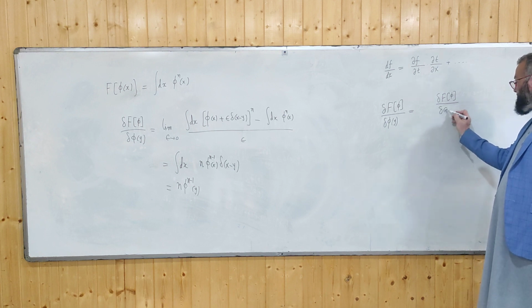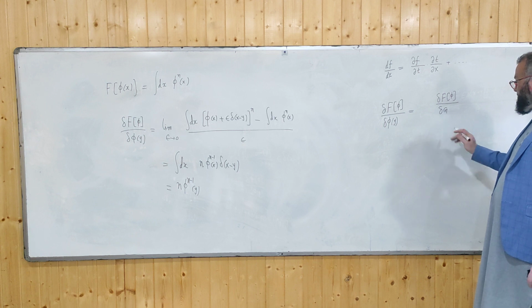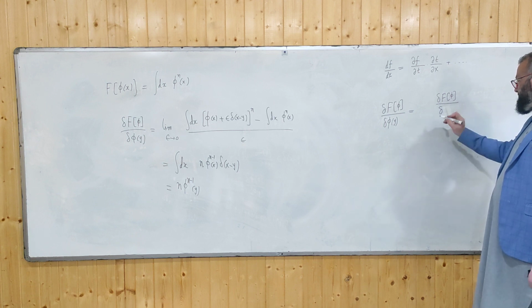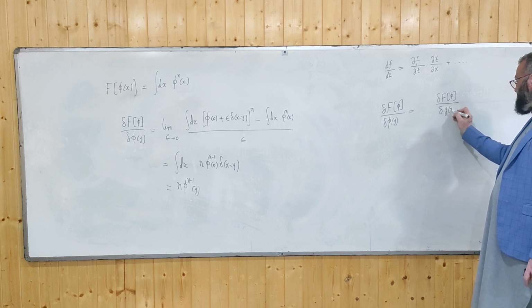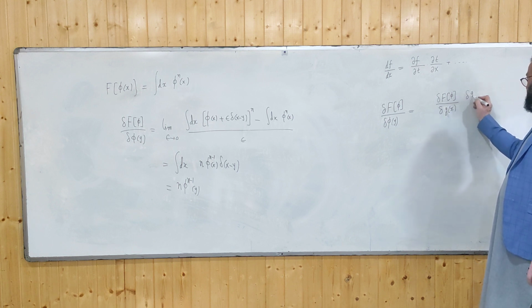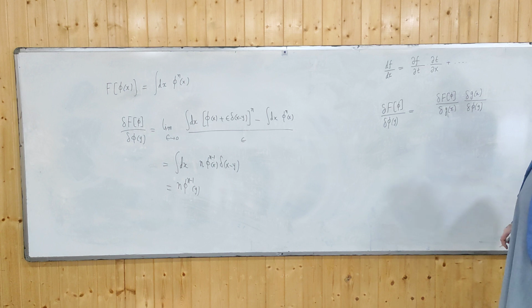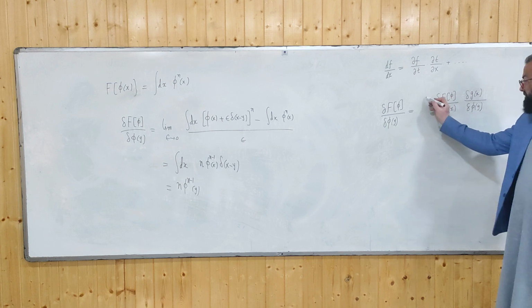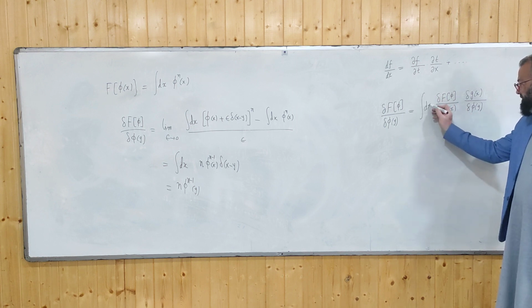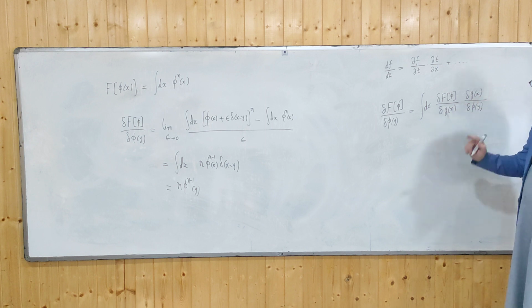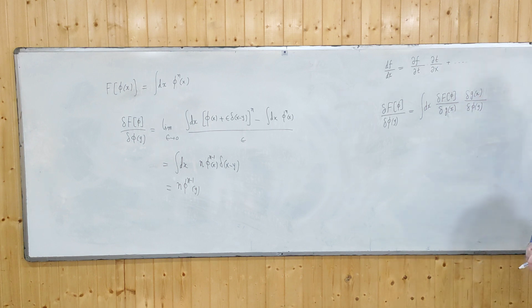So I will write delta g of x, and delta g of x the same way, and then you have delta phi of y. Then what do you have to do? X is a continuous variable, is it? You have to sum over all these variables. What you need to do is put an integration over the variable on which you are doing the chain rule. Clear?